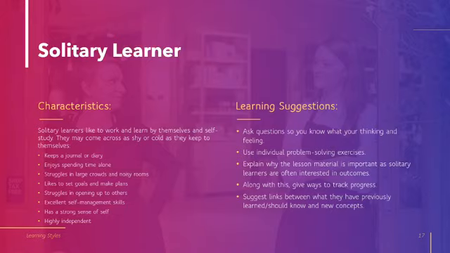But solitary learners, give them problem-solving stuff, help them map out the lesson, show them what the outcome is, and give them a way to track the progress on how they're going to learn that information.